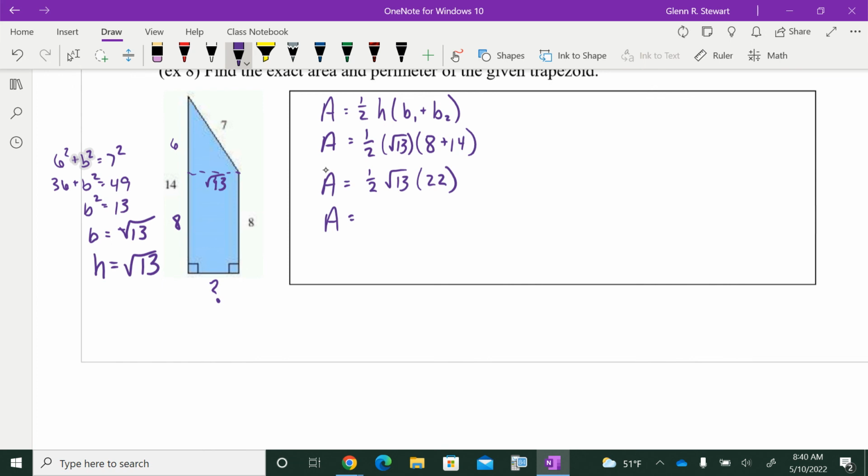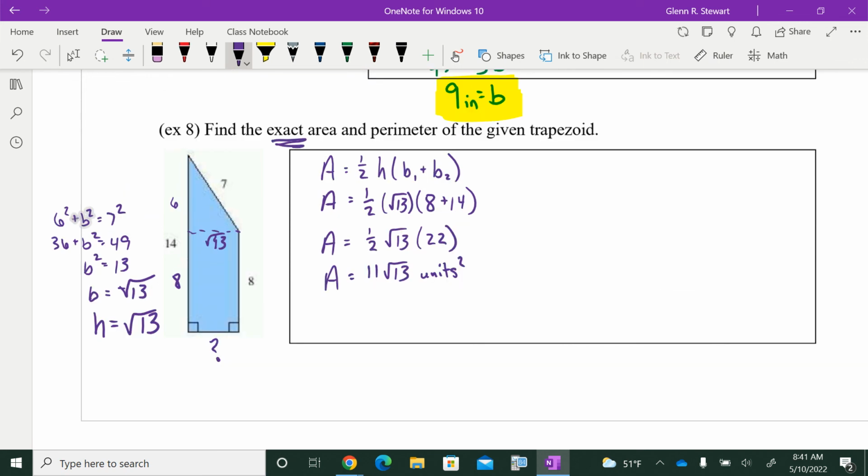So area is equal to 11 square root of 13. Or area is approximately, oh, it says find the exact area. Oh, we don't need to worry about this then. We're done. Units squared. Exact means that we can leave it in radical form. If we wanted an approximate, you can plug that into your calculator and get the decimal, but since it wants the exact, then we're good.